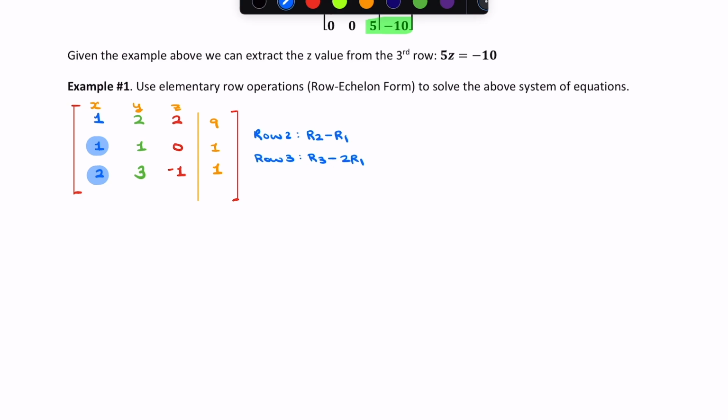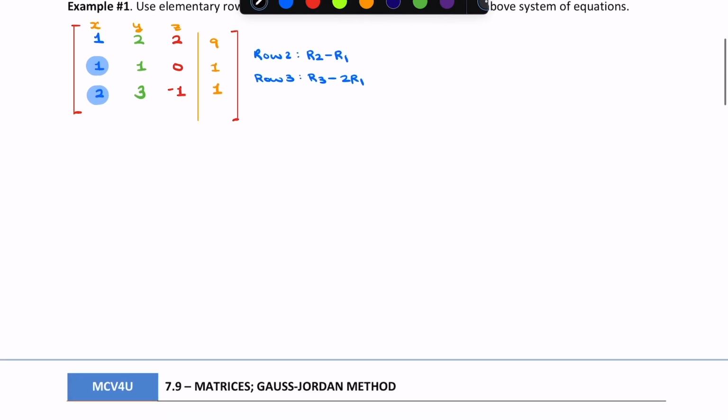Okay, so here what that leaves us with is we'll be left with 1, 0, and 0. We have 2, negative 2, -1, and -1.